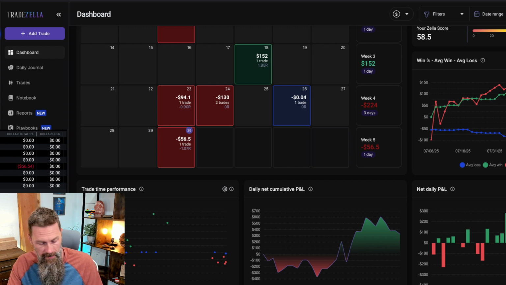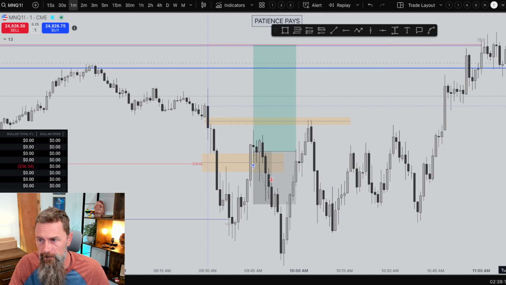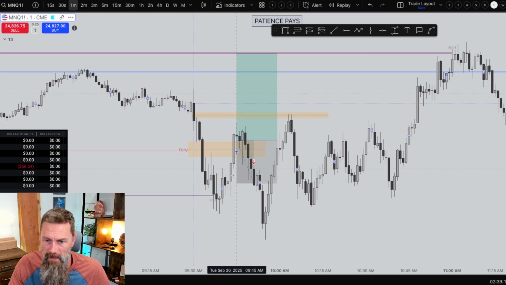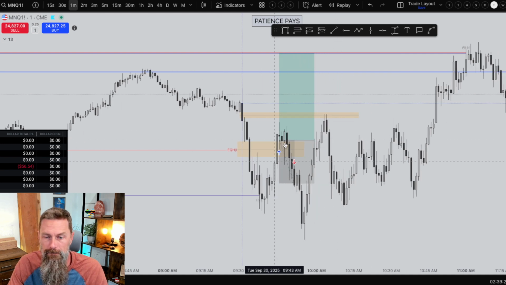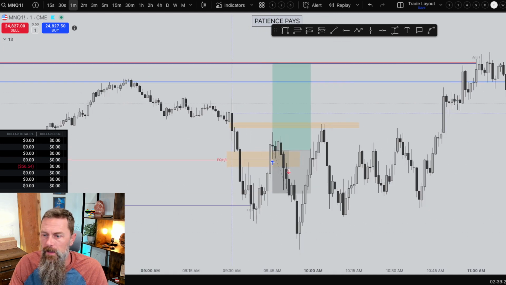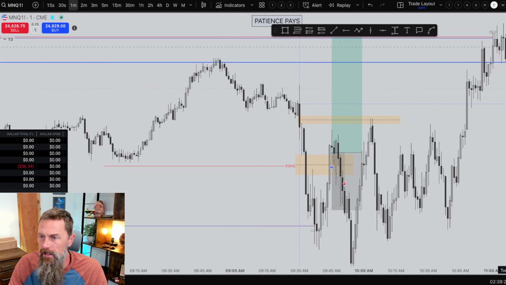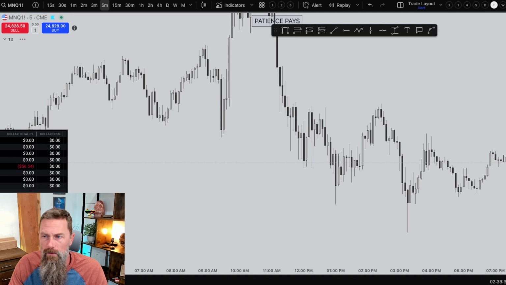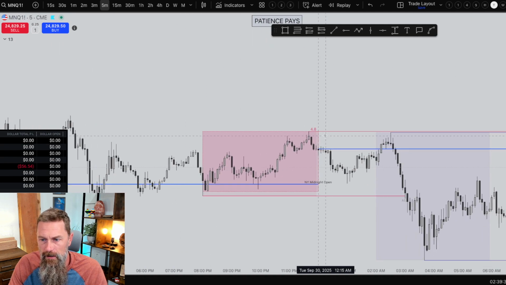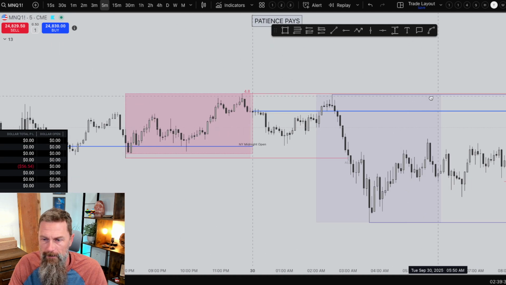Like today, we had a seek and destroy day. Look at this. I can't do anything about that other than maybe not trade it, but to me, it seemed worth taking a stab at today. So what we had here today is, I'm going to go to the 5-minute chart, and right after I got into my trade, that's when the barcode started to happen.